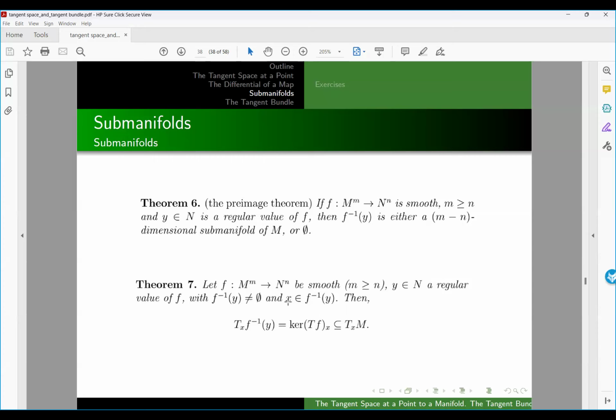Now we take a point x on this submanifold, and then the tangent space at x to f inverse of y is in fact the kernel of the differential of f. The tangent map is another notation for the differential.